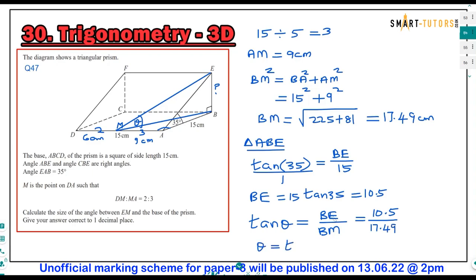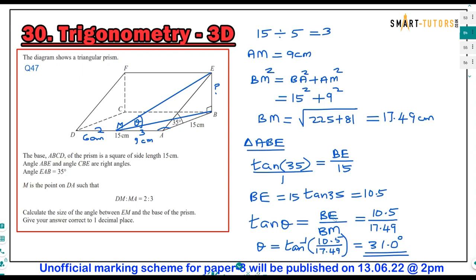Theta equals tan inverse of 10.5 over 17.49. You can press the inverse function: tan inverse of 10.5 divided by 17.49, and the answer I got is 30.97. For one decimal place it is going to be 31.0. So that is the answer for question number 47.